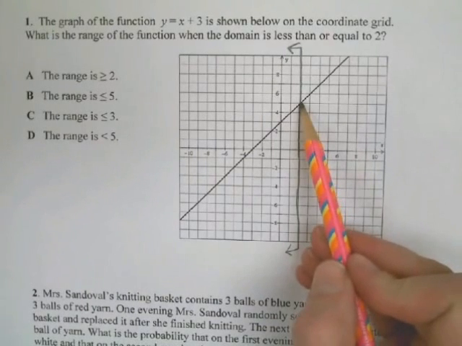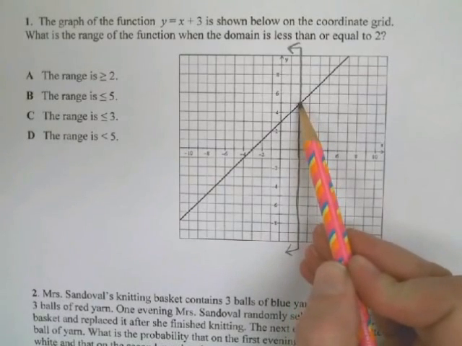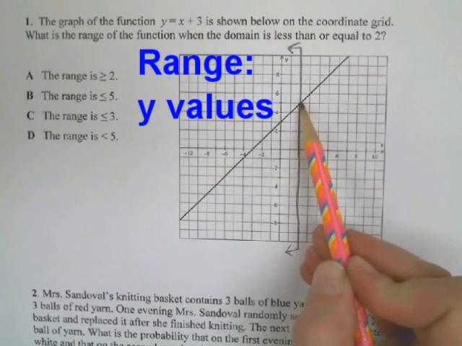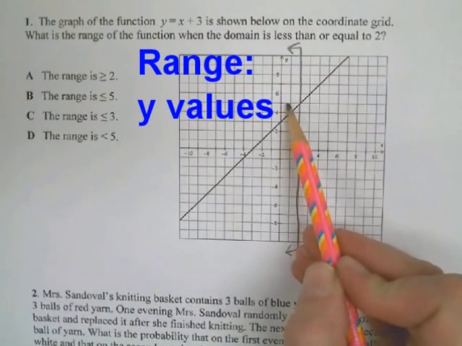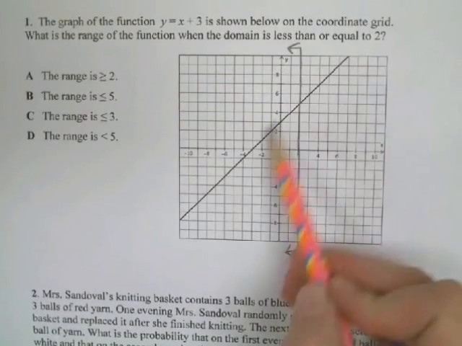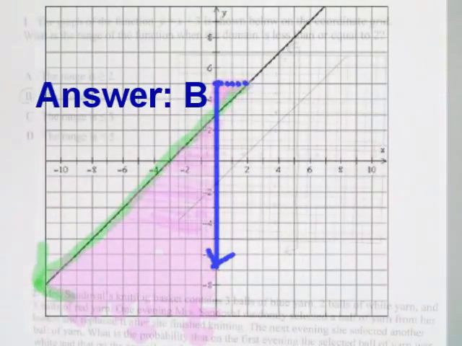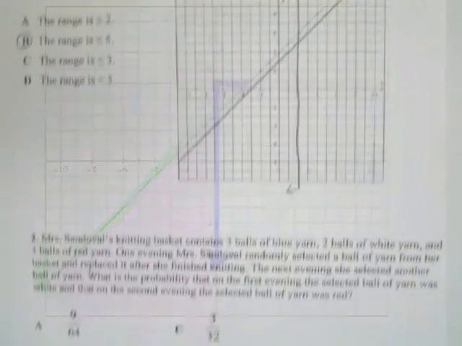The range is going to be the part, where does the line run vertically? Well, if I take this point and I look only at the line to the left of this particular point, all of the values of the line are either 5 or less than. So I'm going to choose B. The range is less than or equal to 5.